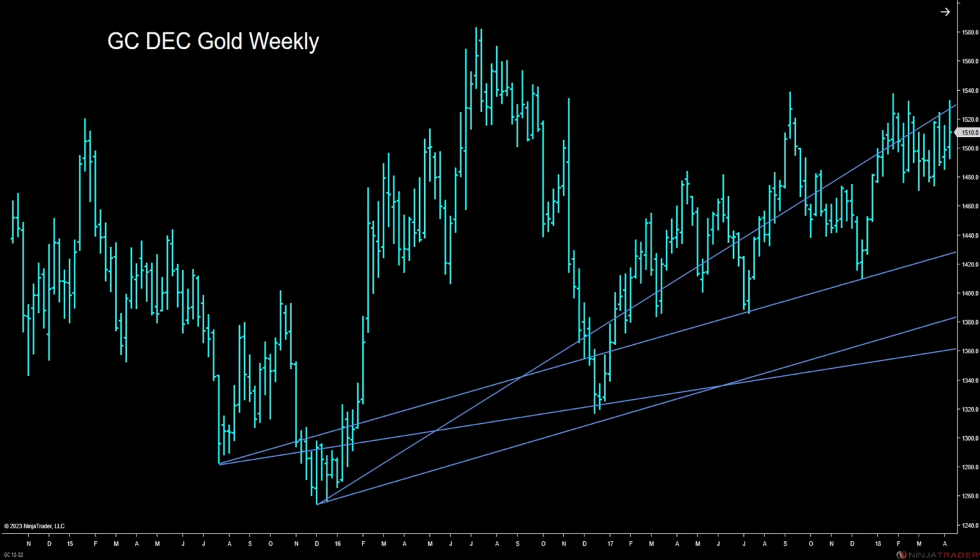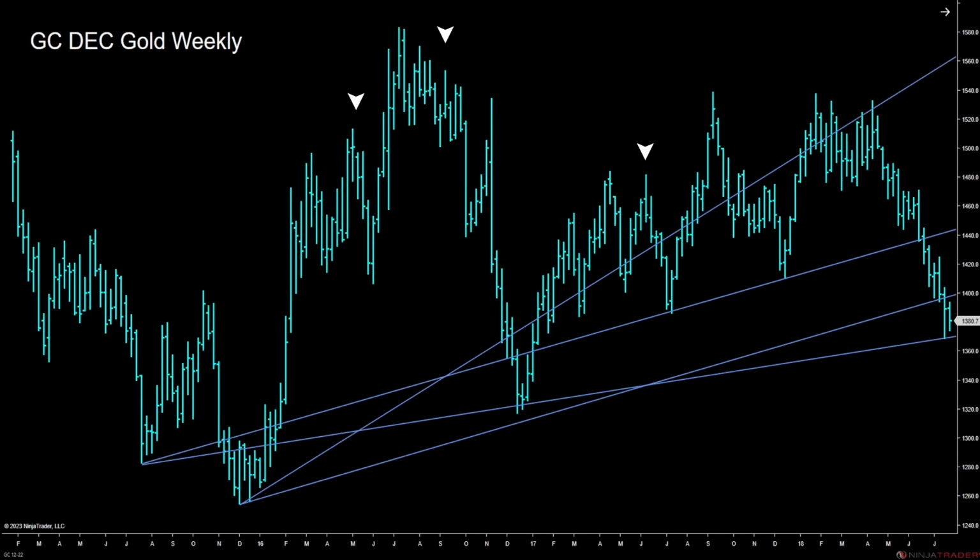This is the same angles. It's December gold here. There's the arrows. Those are attached. Now, take a look at those double bottoms. We're kind of bending the double bottom concept because this is more of a higher low followed by a lower low. You want prices to be close, not exact, but close.